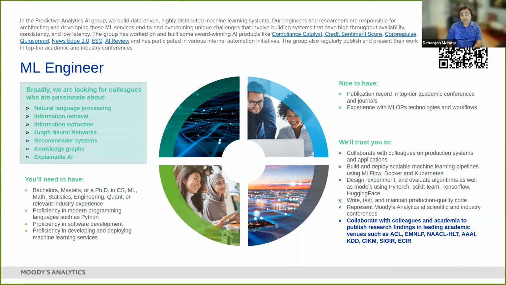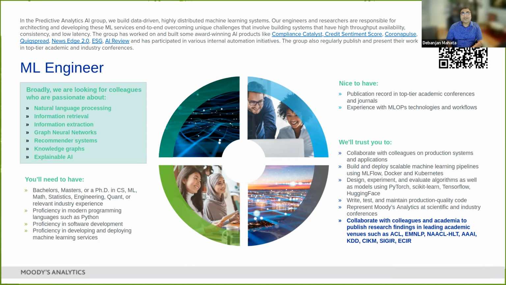We work on various kinds of machine learning methods. Natural language processing is very heavy at this point, and information retrieval. There are a lot of information extraction efforts going on. We have a very rich set of data, which is very unique to our company, and I don't think any other company has this kind of data on entities, especially people and organizations, and how they're connected with each other.